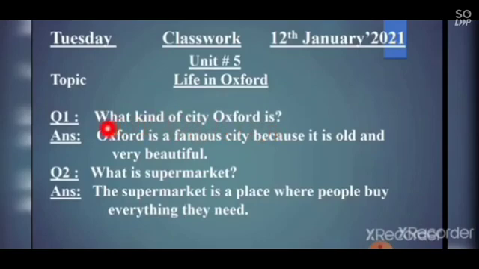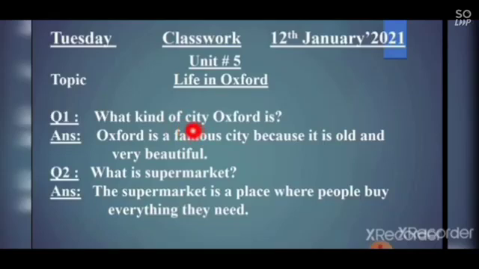Now write what. W should be capital. WHAT, what. Then give some space. Then write kind. KIND, kind. Then again give some space. Then write of, OF. Then again give some space.